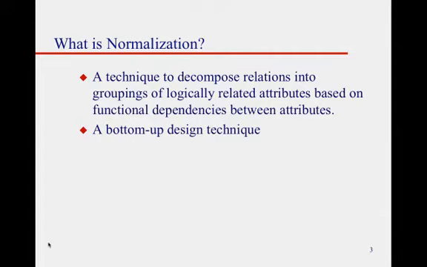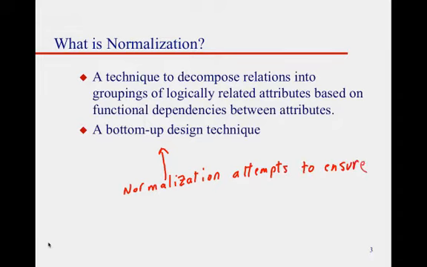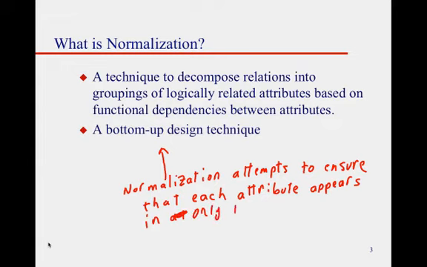So another way to think about normalization is that normalization attempts, it's not always successful, to ensure that each attribute appears in only one relation, unless it's a foreign key.